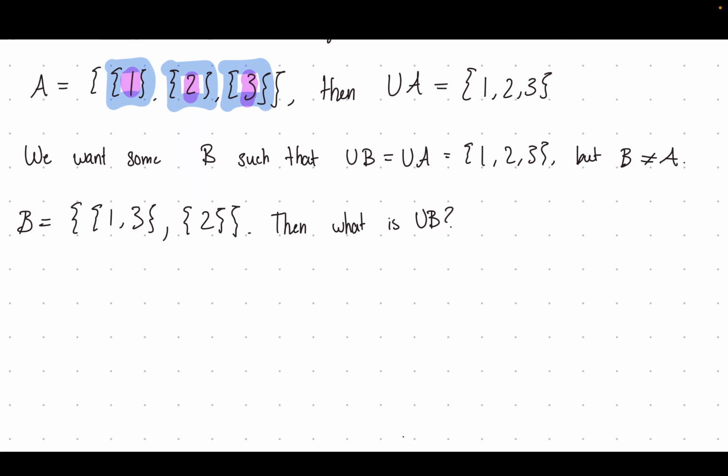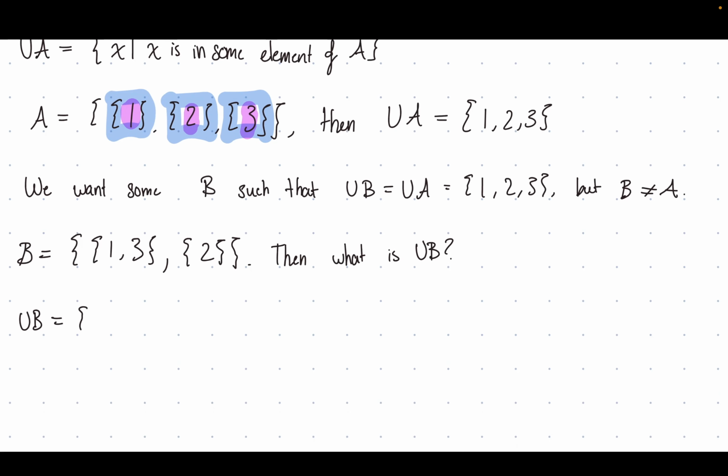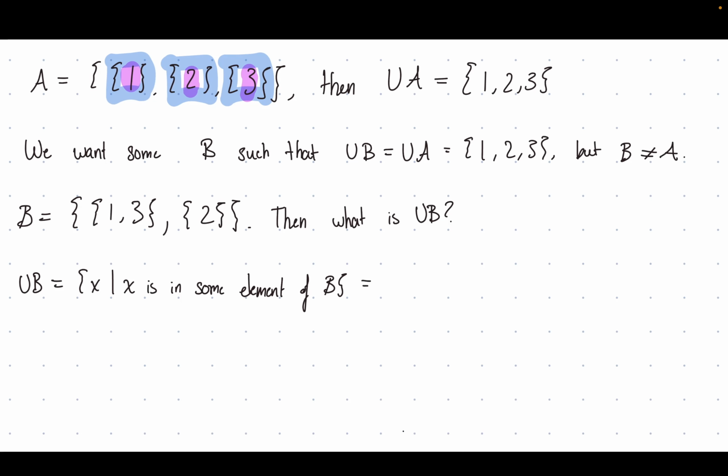That's our question. So UB is x such that x is in some element of B. And I forgot to write this earlier, but if you want to see it in a more mathematical notation, in a much more rigorous language, then you can write this as x such that there exists some little b in big B such that x is in little b.